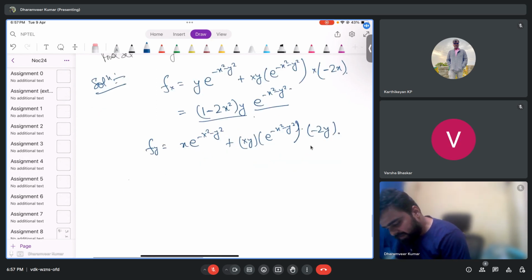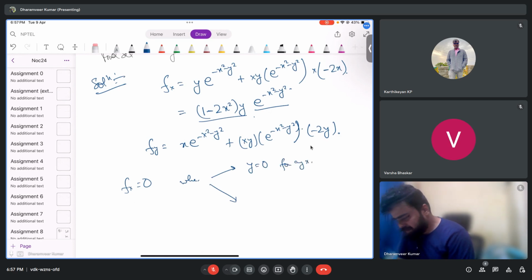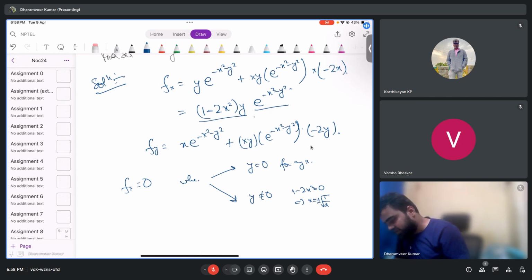So now fx is equal to 0 when y is equal to 0 for any x, and when y is not equal to 0, when x is plus minus 1 by 2.